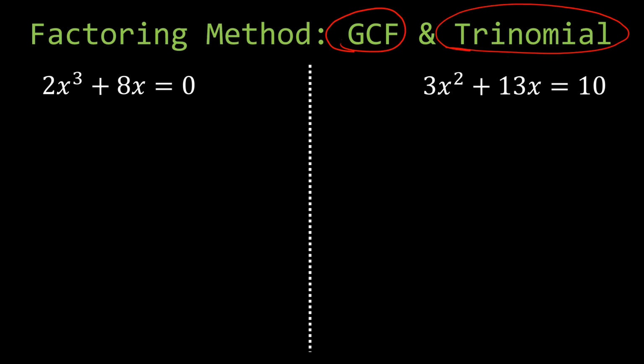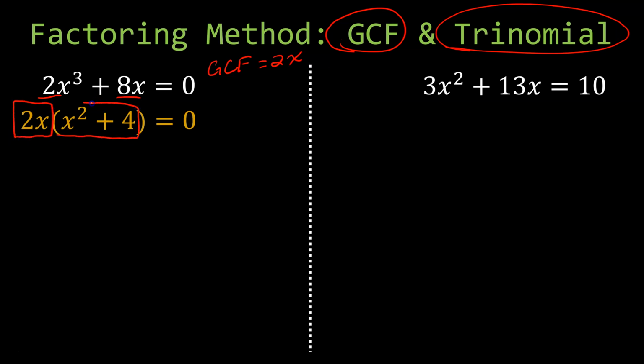So let's deal with the left-hand side first. When you have greatest common factor, in this case, greatest common factor is 2x. We're going to go ahead and factor out 2x, and we are left with x squared plus 4 inside. We now have 2 factors, 2x and x squared plus 4.